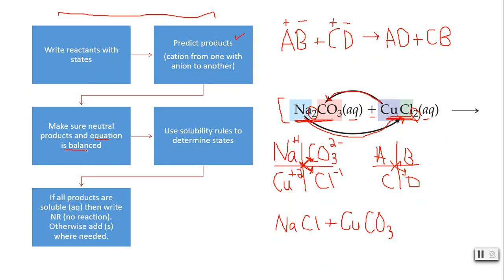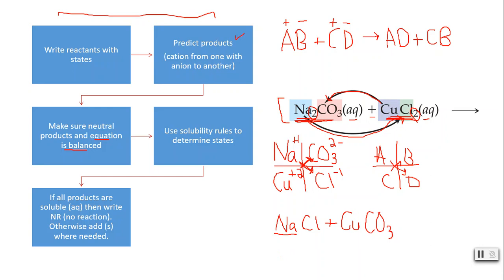Remember, balanced chemical equations have to have the same number and type of atom on the left equal to the number and type of atom on the right. Comparing the reactants, sodium carbonate and copper 2 chloride, with your products, you can easily see that the sodiums are not balanced. I have 2 sodiums in my reactants. I only have 1 sodium on my product side.